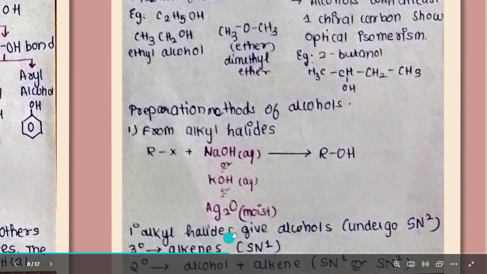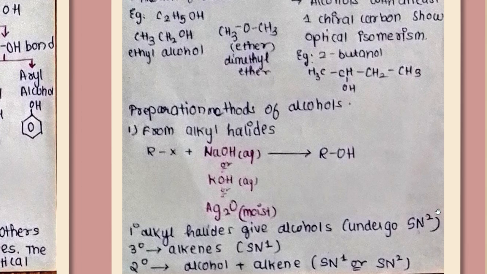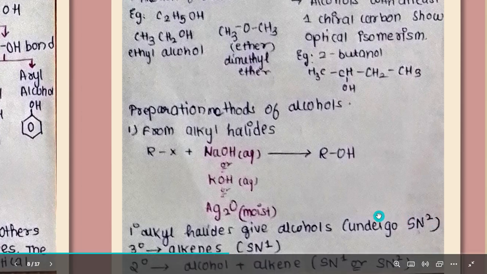as alkenes. Now, the primary alkyl halides, while giving rise to alcohols, undergo the SN2 mechanism. This SN1 and SN2 we are going to study under haloalkanes and haloarenes. You should just remember that primary alkyl halides, when they give alcohols, undergo the SN2 mechanism, whereas tertiary alkyl halides, when they give alkenes, undergo the SN1 mechanism.